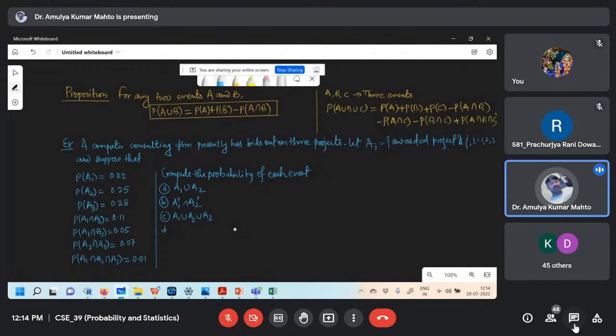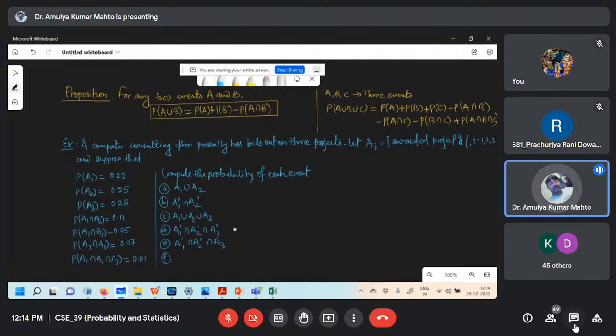Then A1 complement intersection A2 complement intersection A3 complement. Then A1 complement intersection A2 complement intersection A3.